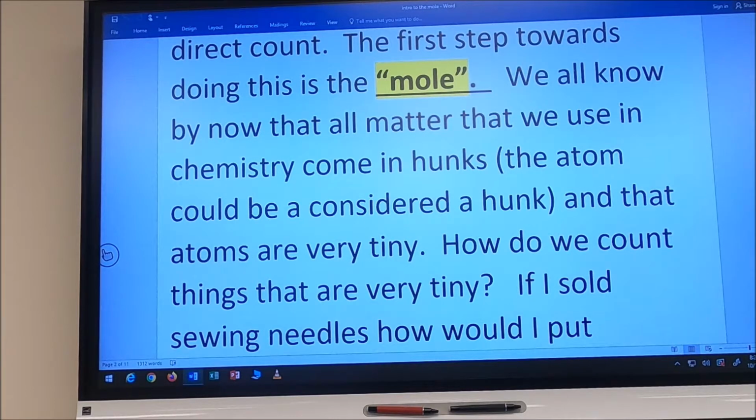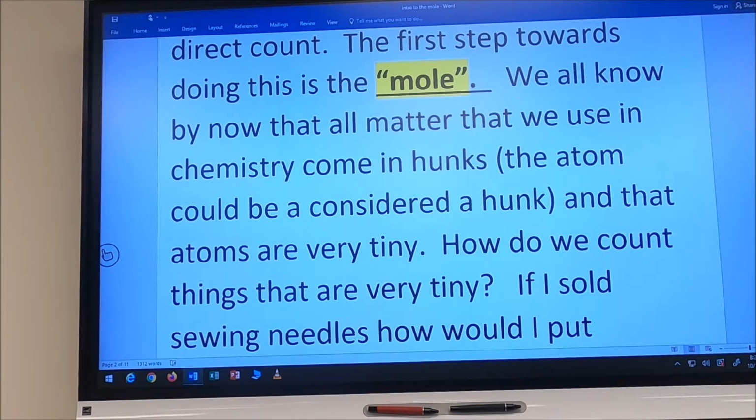We all know by now that all matter that we use in chemistry comes in hunks, atoms or molecules. And the atoms are very tiny. And if we want to measure out very tiny things, it's a little hard to do by direct count.